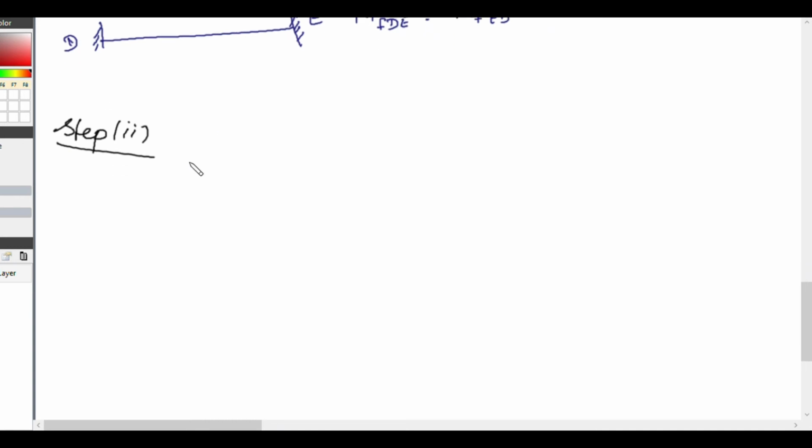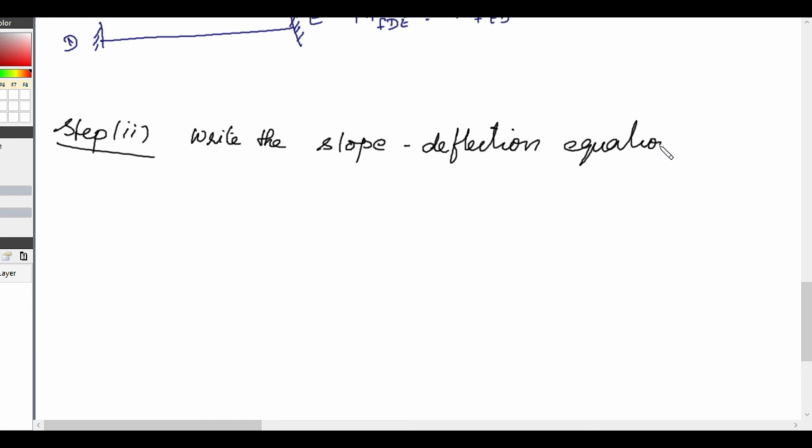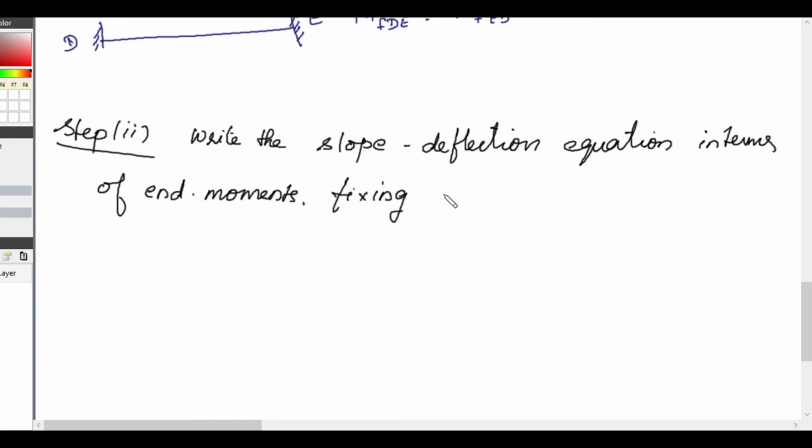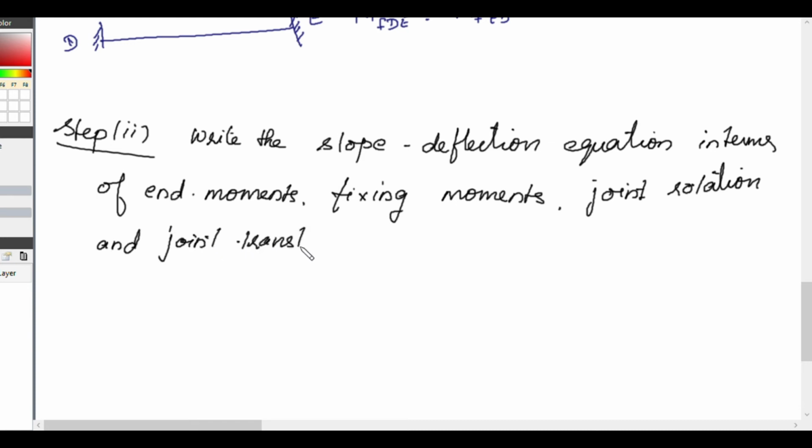Write the slope deflection equation in terms of end moments, fixing moments, joint rotation and joint translation for each span.